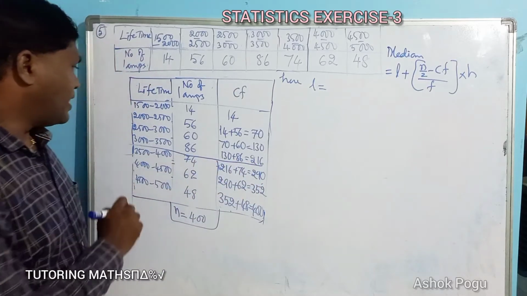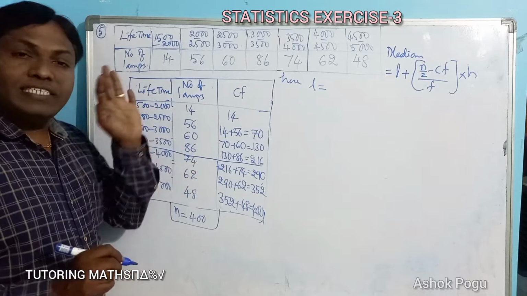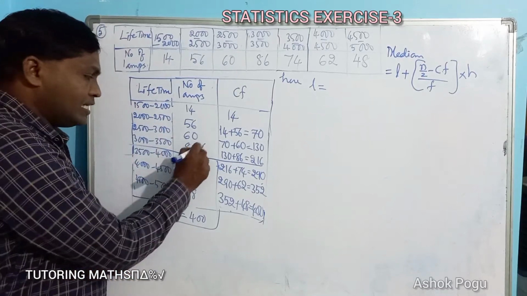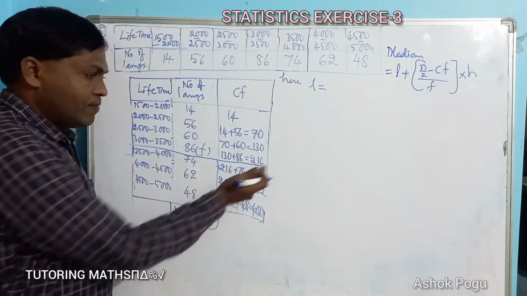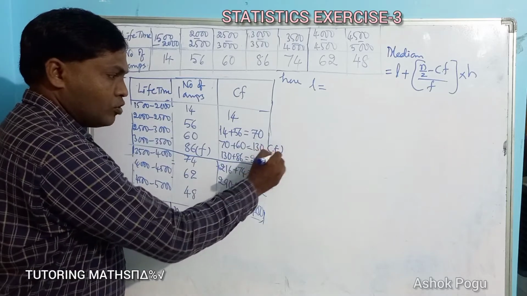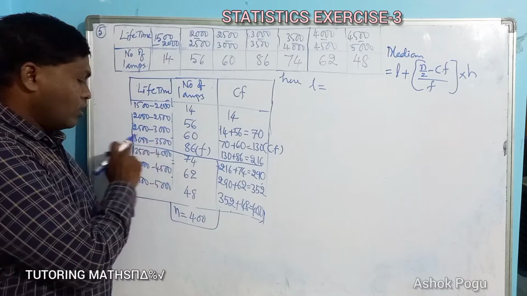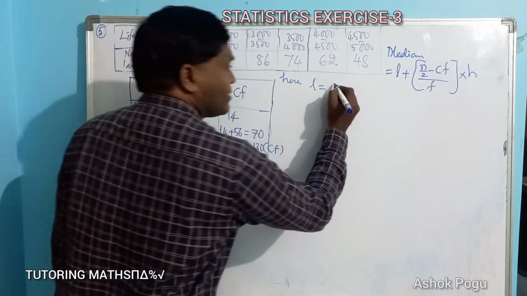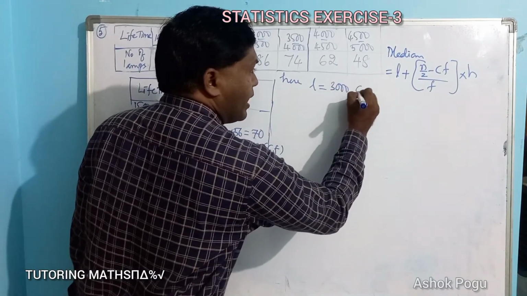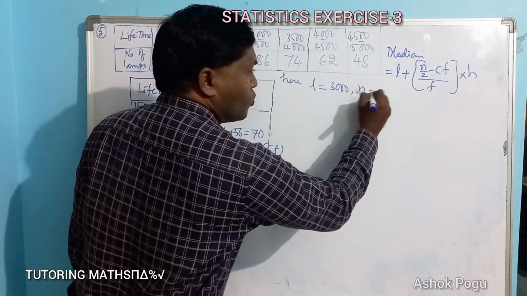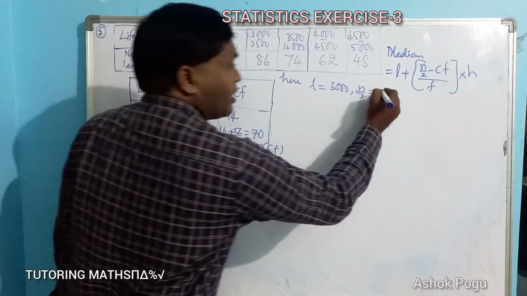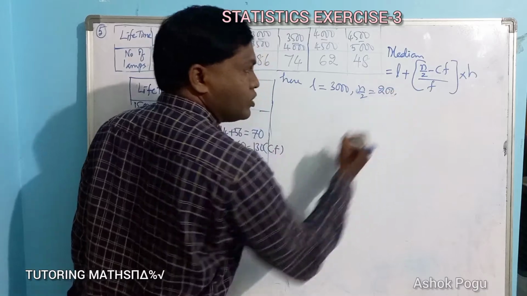Therefore you can take this class as the median class, and this is the median class frequency. This preceding one is the cumulative frequency, and this is the lower boundary. L is equal to the lower boundary of the median class, that is 3000, and n by 2, half of the sum of observations, that is 400 by 2, is 200.